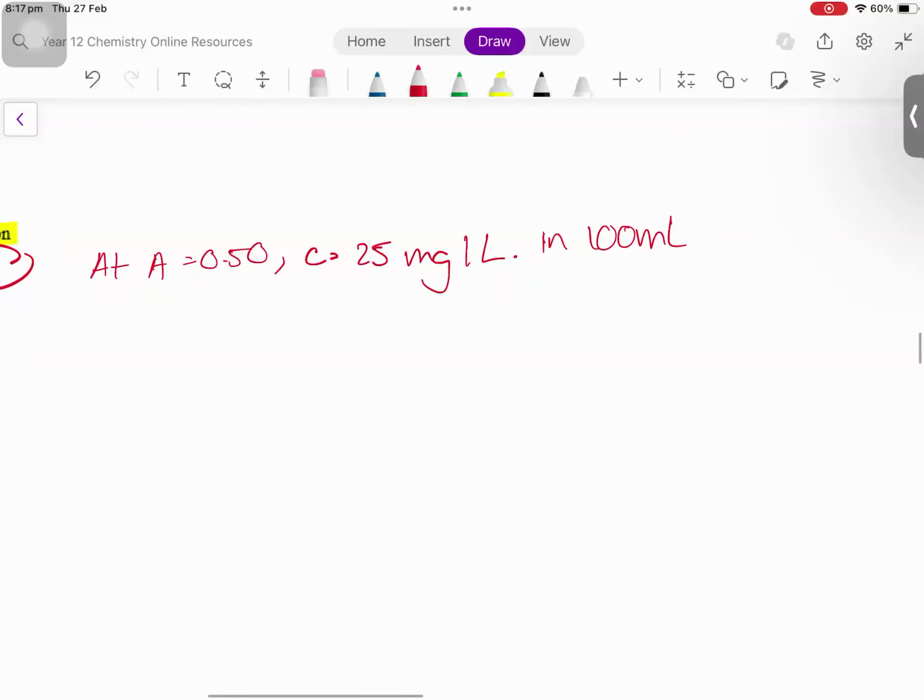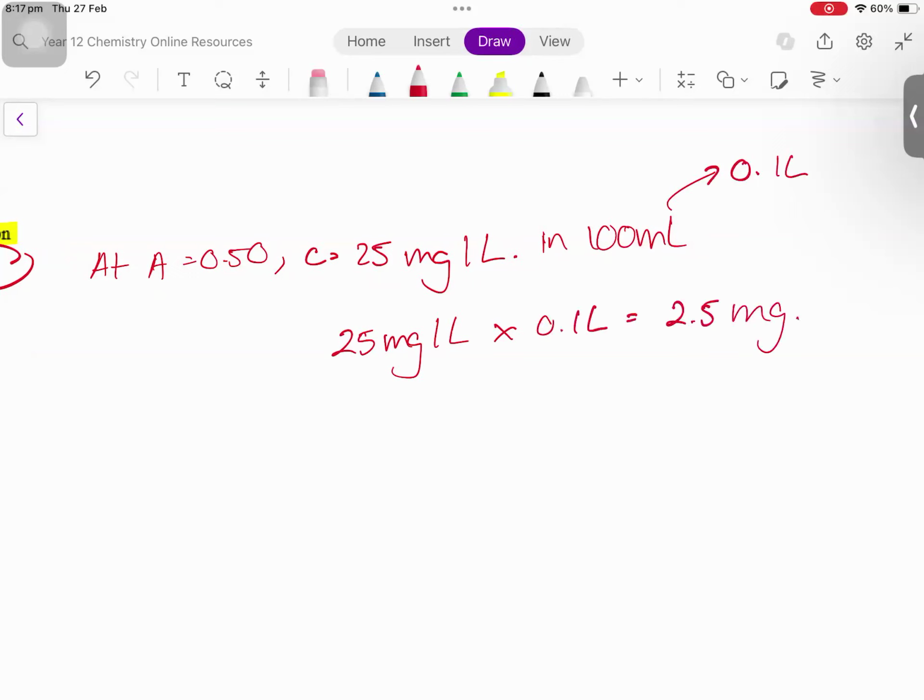So if it's 25 milligrams per liter in 100 mils, 25 milligrams per liter times 100 mils, which is 0.1 liter, gives me 2.5 milligrams.